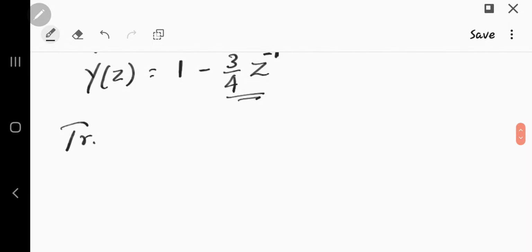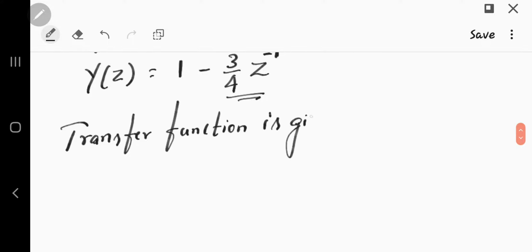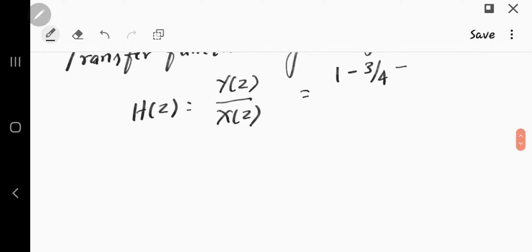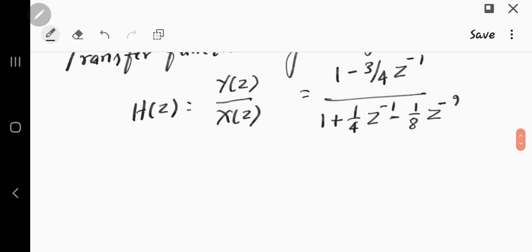The transfer function is given by h of z equals y of z by x of z. Now y of z is 1 minus 3 by 4 z inverse, and x of z is 1 plus 1 by 4 z inverse minus 1 by 8 z to the power of minus 2.